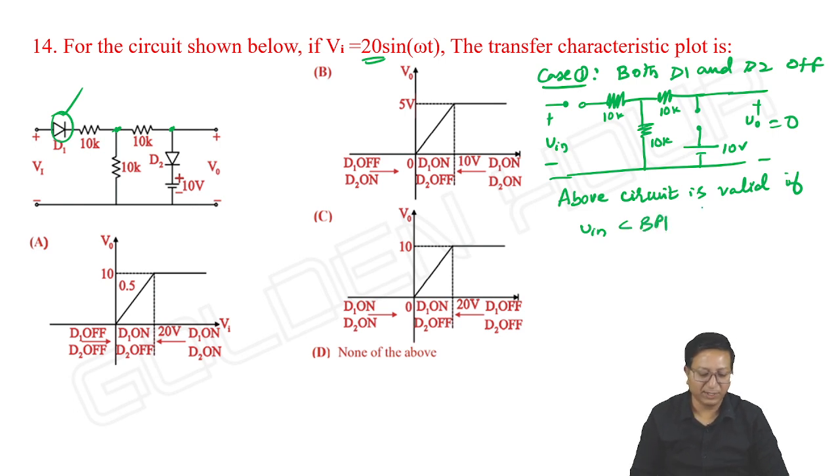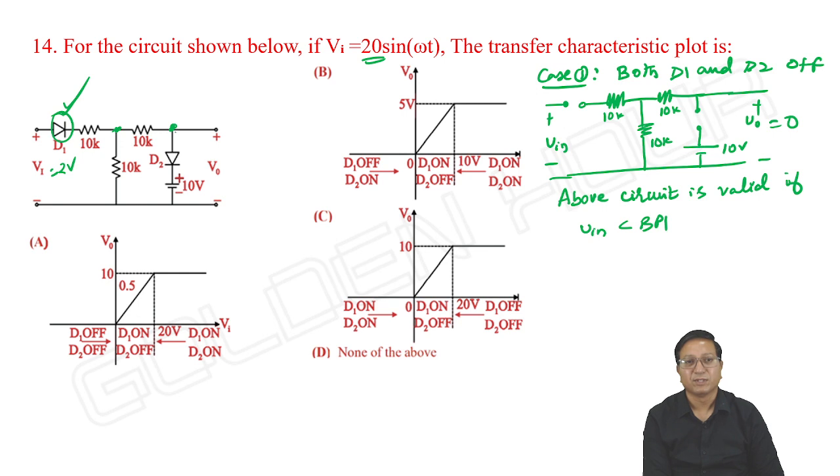It looks like some 10 volts, whatever it is. We do not know. Case 2, D1 is on. Maybe V input is positive, above 0 volts, maybe 1 volt, 2 volts like that. D1 is on. Suppose here I give some 2 volts, D1 is on. But from 2 volts, is it possible to get a voltage here more than 10 volts?